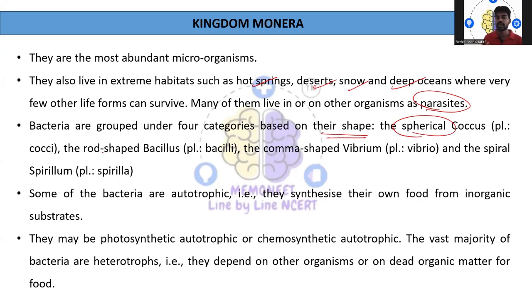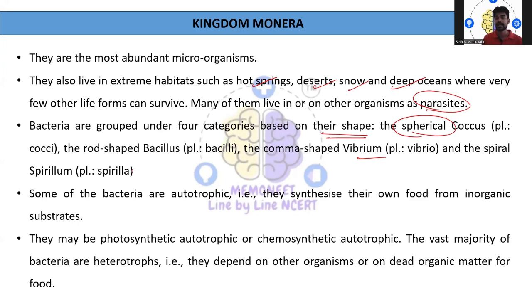Then we have rod-shaped bacillus, and many are bacilli. The comma-shaped one is called vibrio, and the spiral one is called spirillum or spirilla. These kinds of bacteria were classified based on their morphological characters.